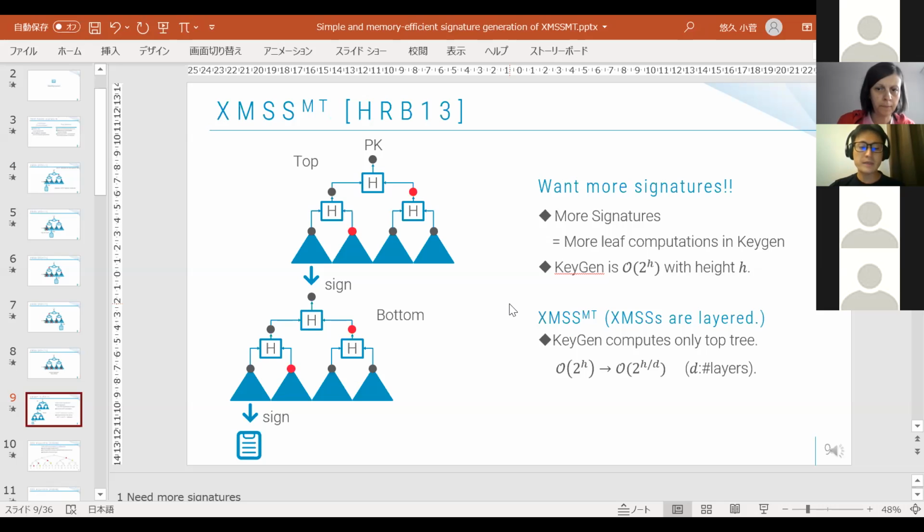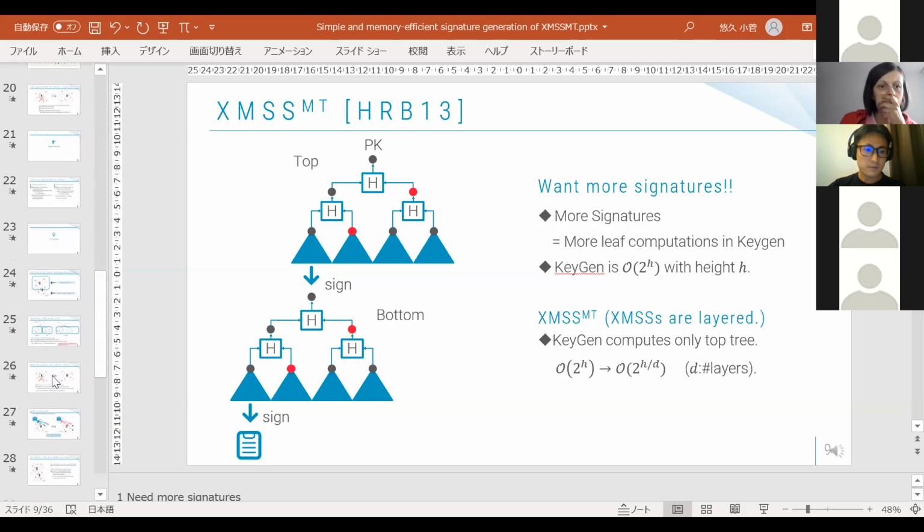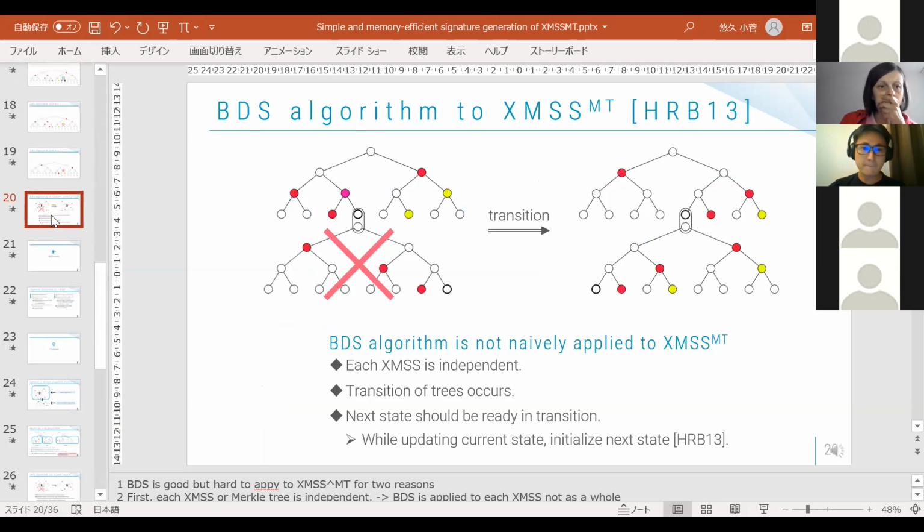So we choose this as our target. In 2013, Hülsing, Rausch, and Buchmann proposed the algorithm for XMSS-MT using the BDS algorithm. This existing algorithm is a truly good algorithm, but there are two disadvantages.